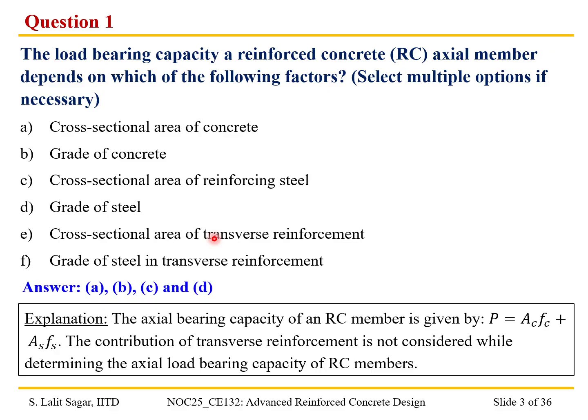So the cross-sectional area of the transverse reinforcement and the grade of steel that is used are responsible for the shear strength rather than the axial, or for that matter even the flexural strength. So for this question, options A, B, C, D are the correct answers. We'll move on to the next question now.